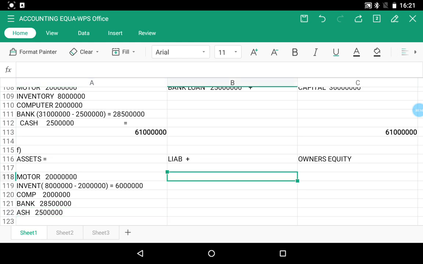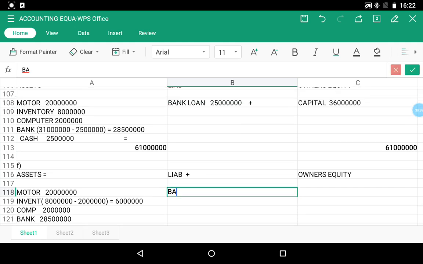When you go to liabilities, we still have our bank loan of 25 million.